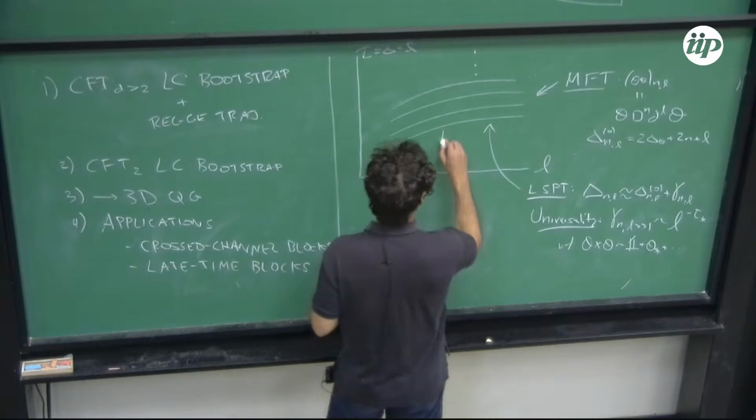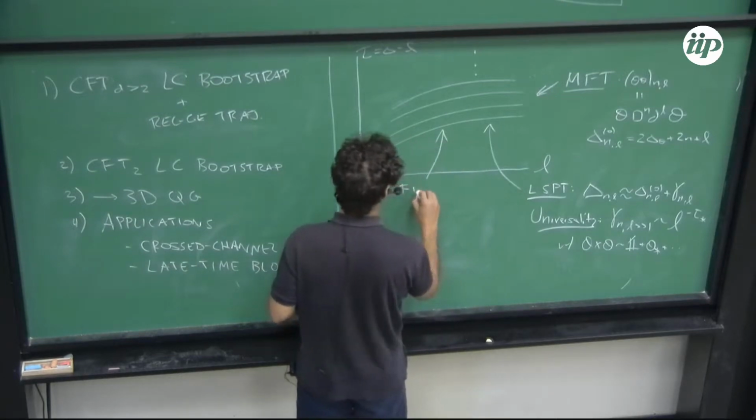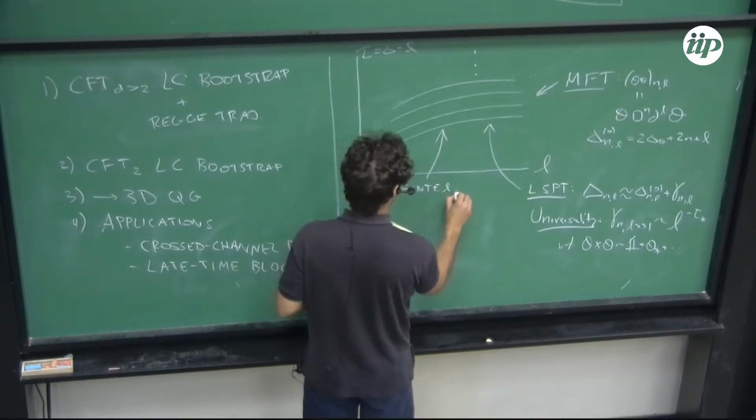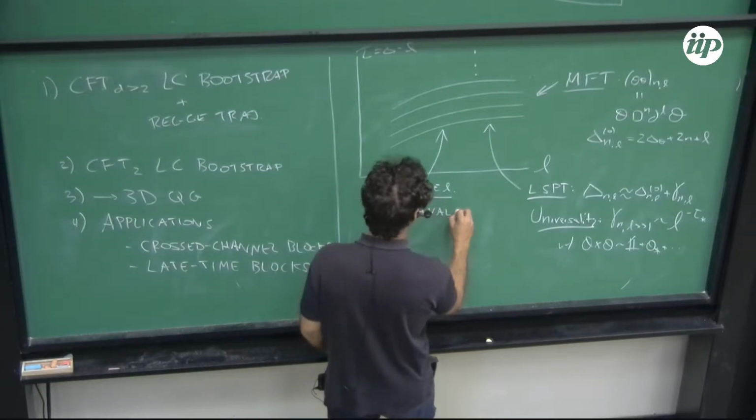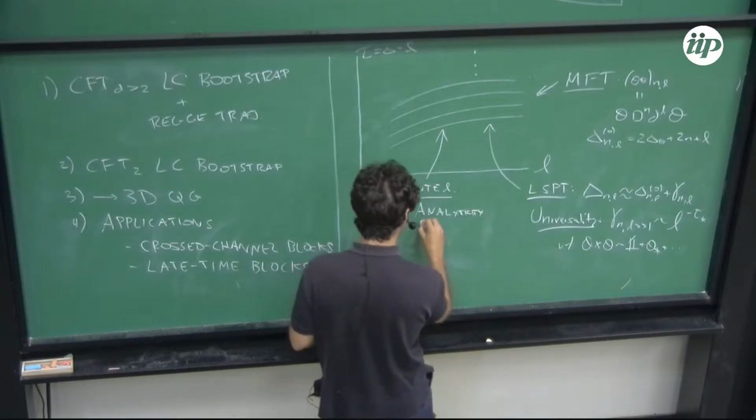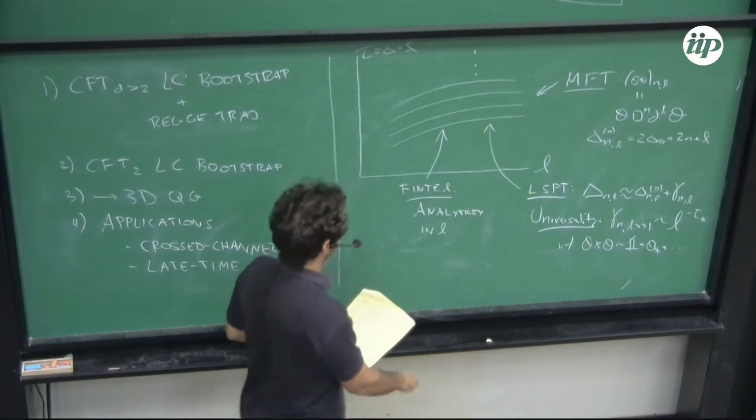Now at finite spin, we now know that there is an analyticity in spin of OPE data.